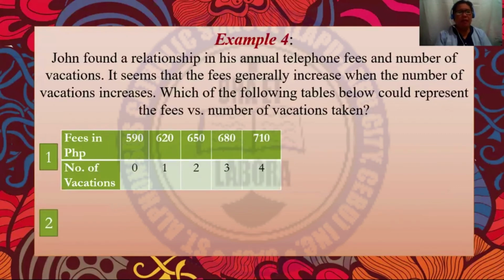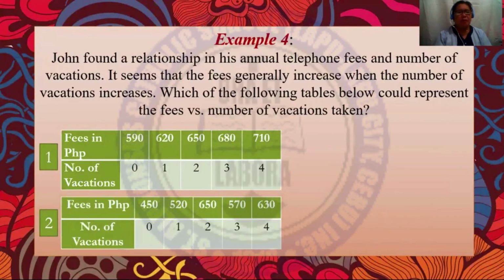For the second table, we have 450 pesos for 0 vacation. For 1 vacation, 520. For 2, 650. For 3, 570. For 4, 630.